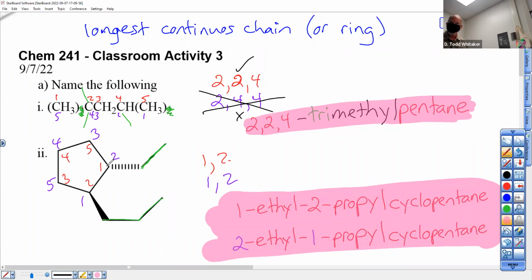Nomenclature, if the name doesn't tell you the number of carbons, you've made a mistake. This name says ethyl. How many carbons? 2. Propyl, how many carbons? 3 more, I'm up to 5. Pentane, how many carbons? 5. Total of 10 carbons. Same here. Each methyl, 1 carbon, correct? Each methyl, 1 carbon.